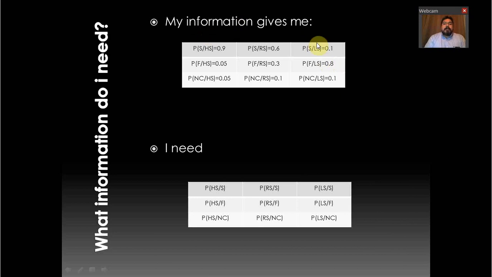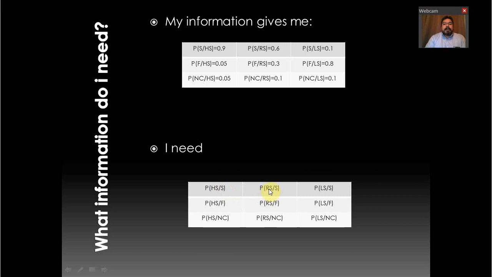My information gives me these probabilities: the probabilities of sales due success, of success due high sales, failure due high sales, etc. But we need not success due high sales. We need high sales due success.